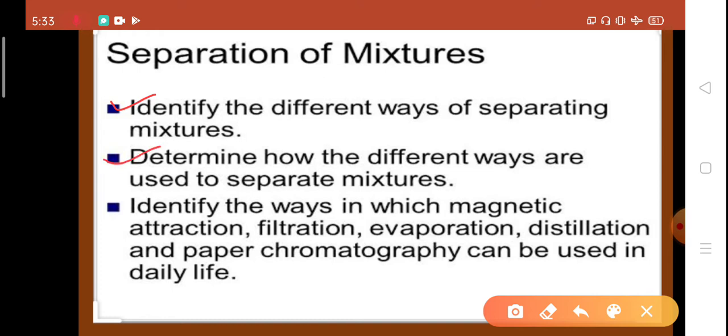We can determine how the different ways are used to separate mixtures. We can also identify in which the magnetic separation, filtration, evaporation, distillation, and paper chromatography can be used in daily life.